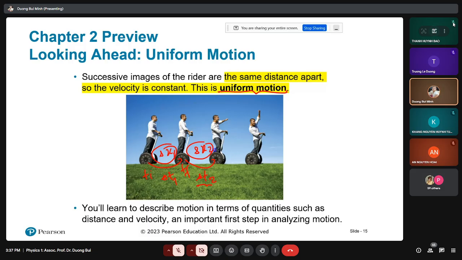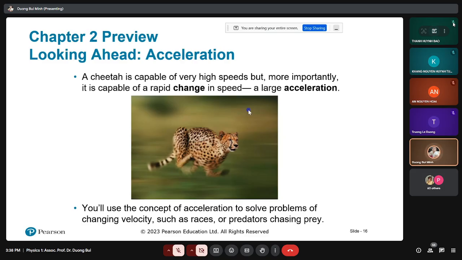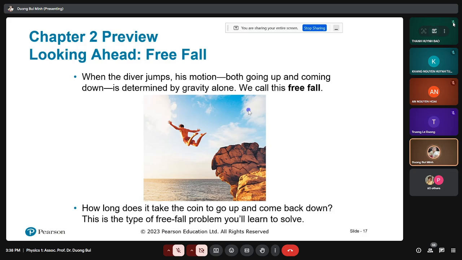Delta t2, delta x2, here delta t3, and this is delta x3. So they have the same delta t1 equal to delta t2 and so on equal to delta ti, and delta x1 equal to delta x2 and so on equal to delta xi. So we say uniform motion, because they keep a constant time interval and constant displacement.